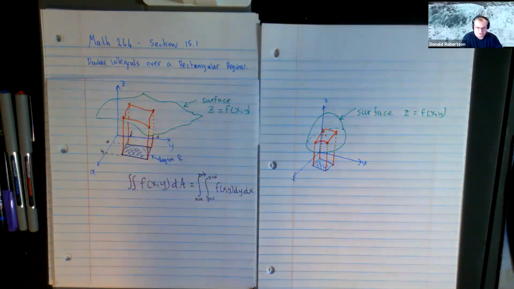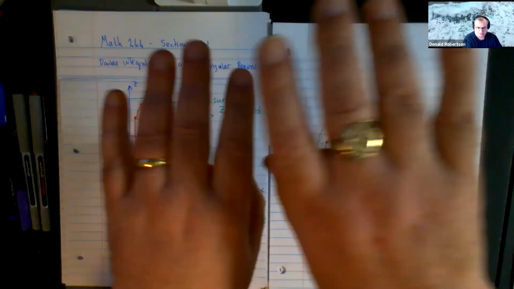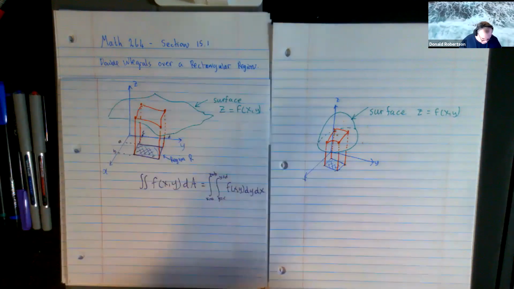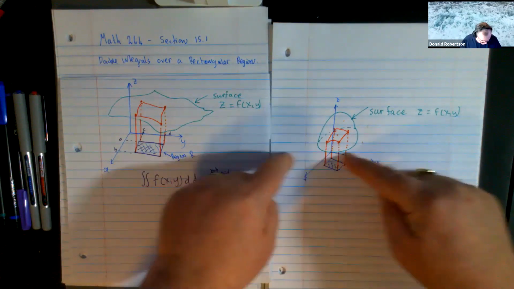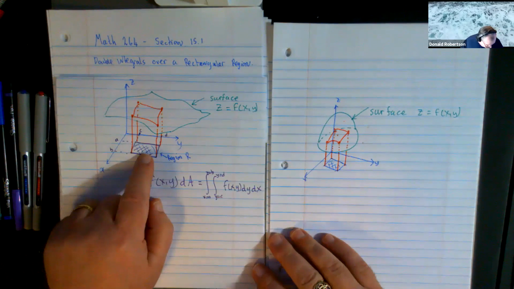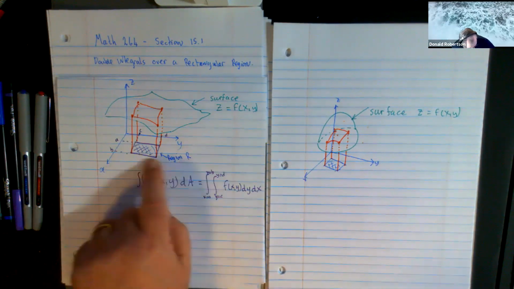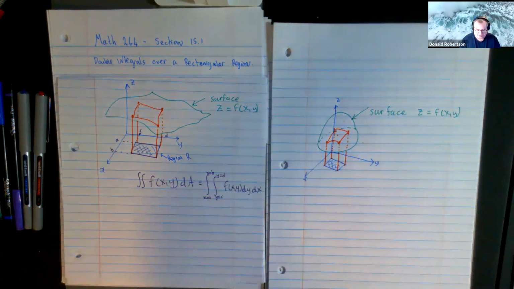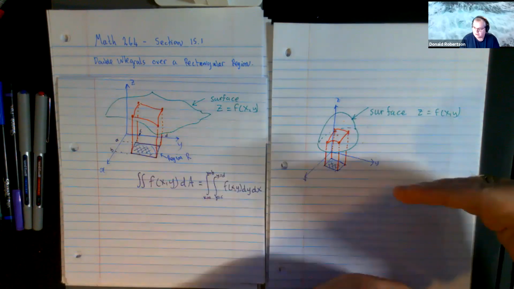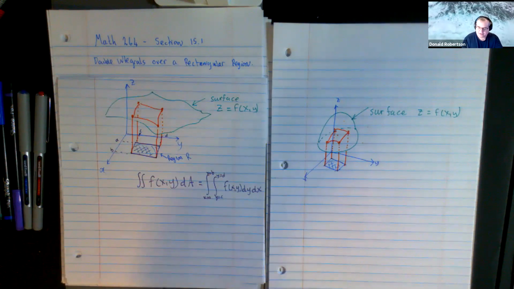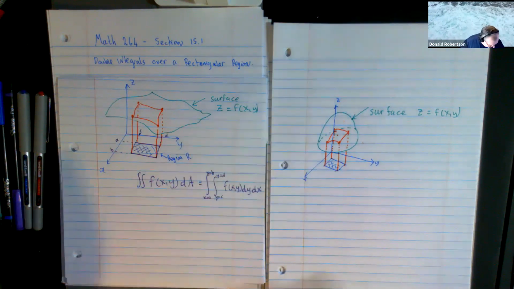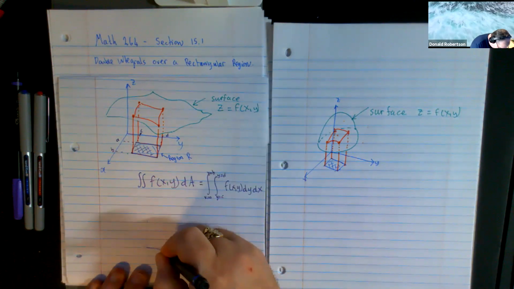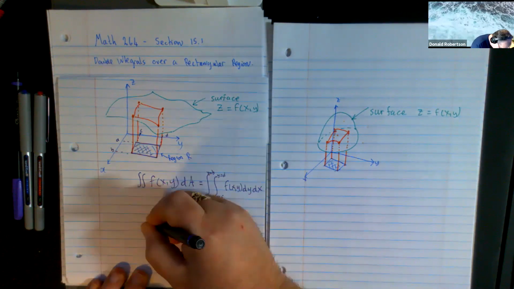Imagine you've got your surface, your curved hill, z equals f of x, y, and below it on the xy plane there's a rectangular region typically called R. You go upwards from this rectangular region like a cuboid, and then you hit the surface. Can you imagine that the net effect would be a shape that looks something like this?